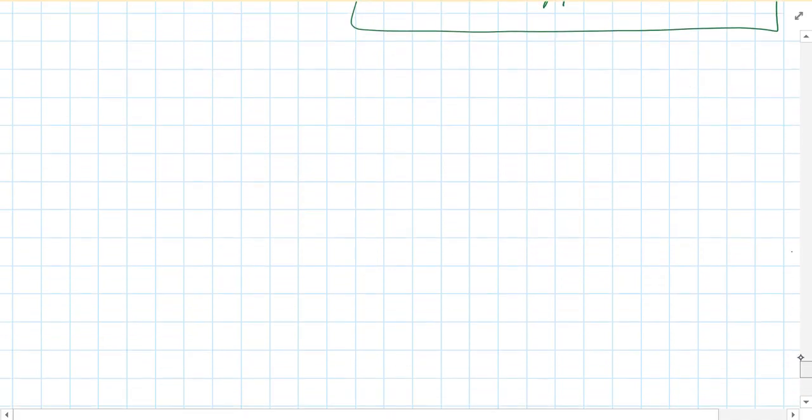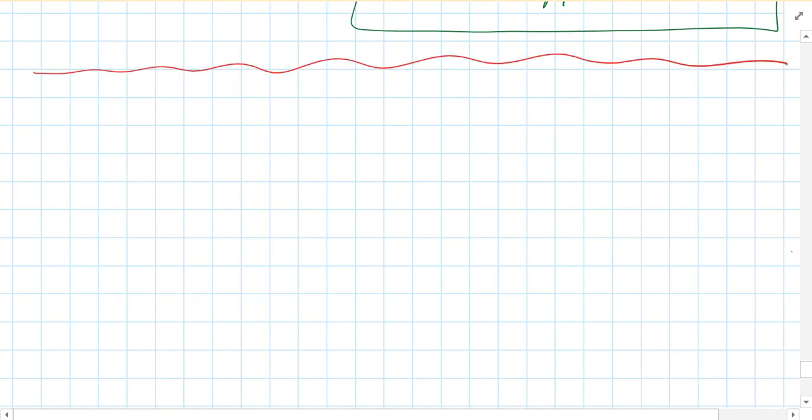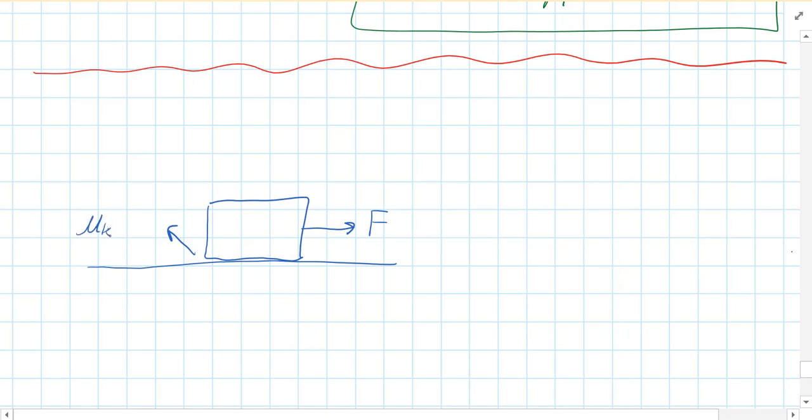The next example I have for you involves drawing FBDs very darn carefully. Let's say we have the ground and you have a book that you've tied a spring scale to that you're going to pull with some force F. Between the ground and the book, there is a coefficient of kinetic friction, mu K1, and a static friction coefficient, mu S1.